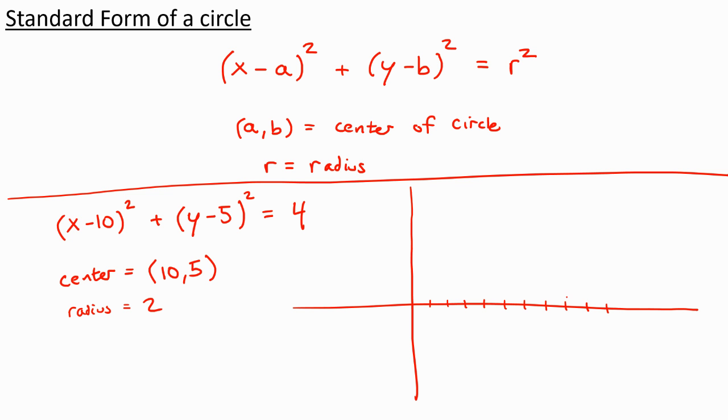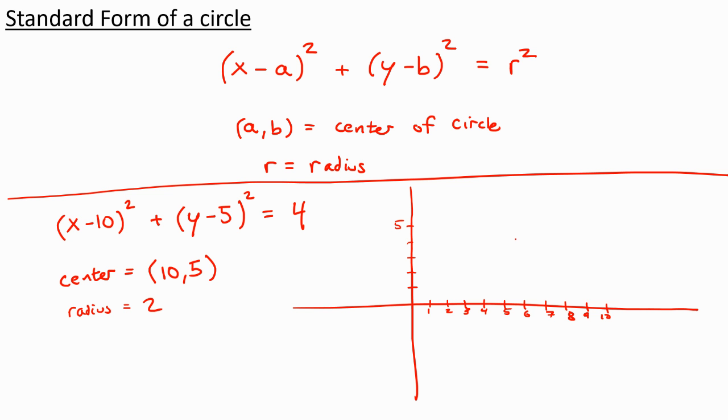Okay, so I eyeballed it. I'm making my x-axis 1, 2, 3, 4, 5, 6, 7, 8, 9, 10. Cool. And then we want to go up 5, try to keep it the same units as we used below. 1, 2, 3, 4, 5.